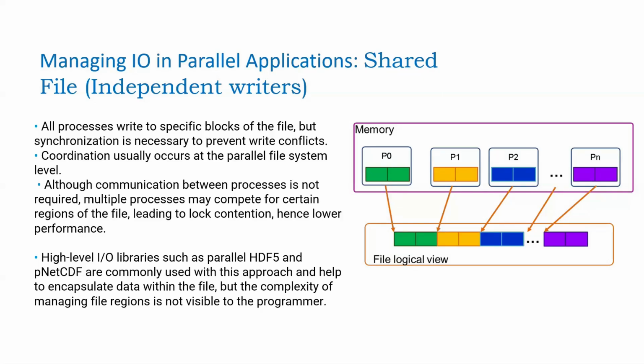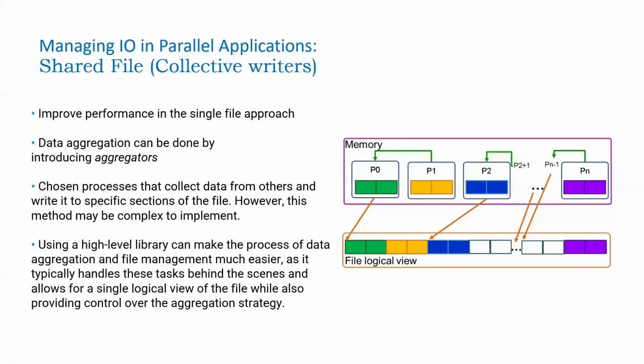The other one is more favorable and certainly more complicated. It's called collective writes. As shown by this diagram, a set of processes may communicate with each other and do a sort of data aggregation. Not all the processes issue the write.